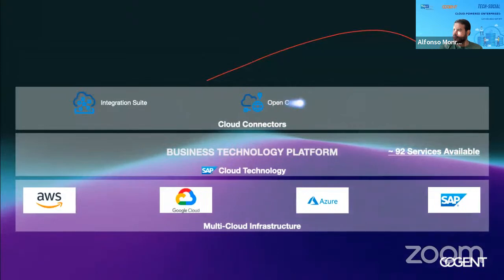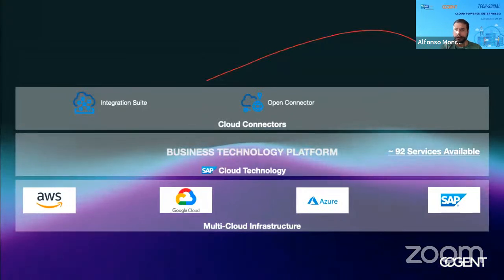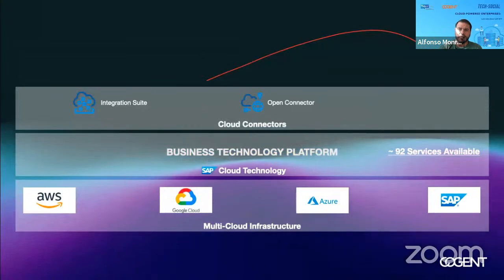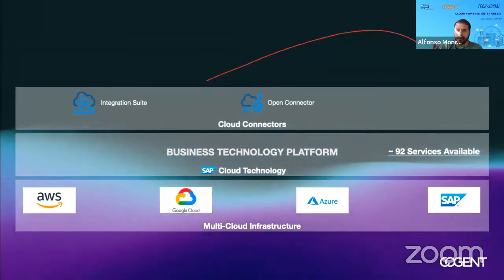We have the open connector. For example, you can use open connector to connect with GCP, with an AWS S3 bucket, or different open APIs.